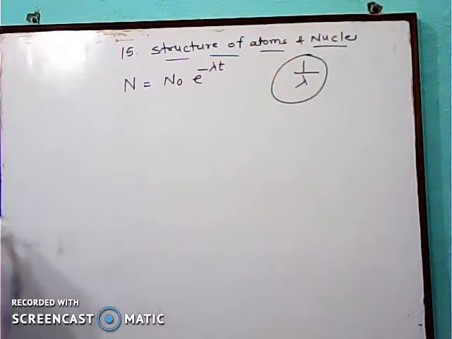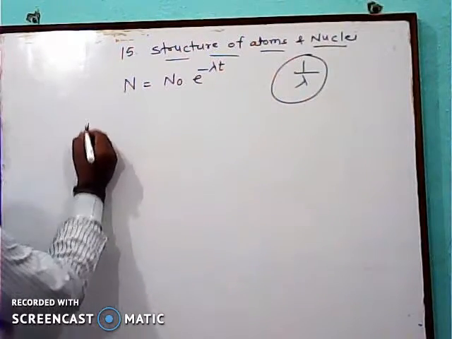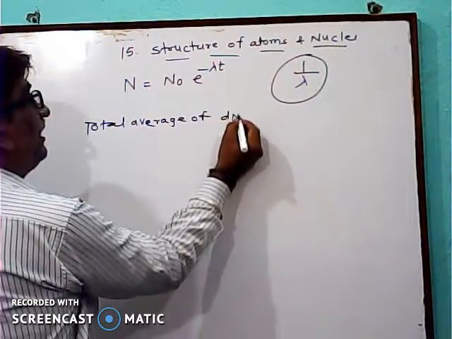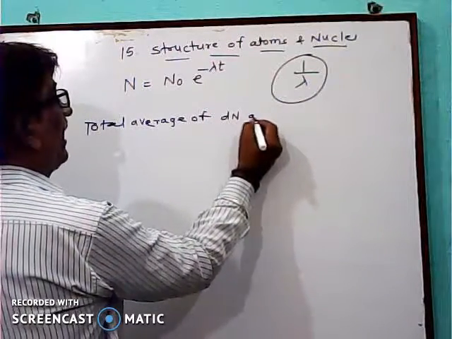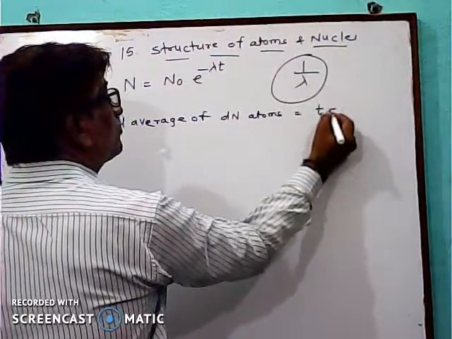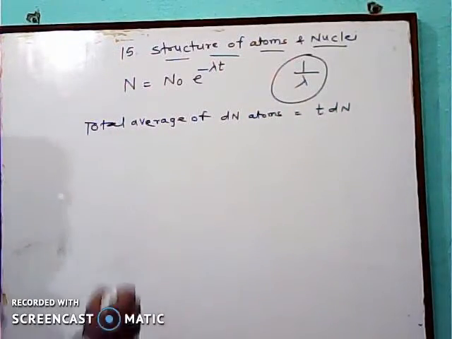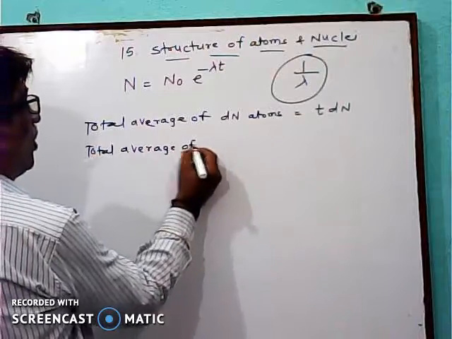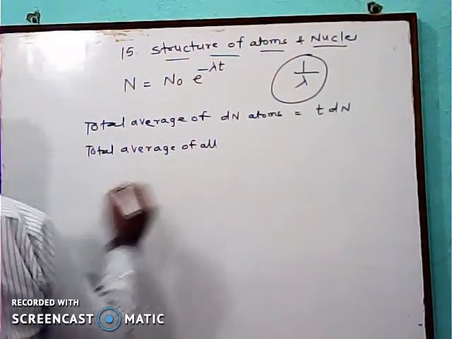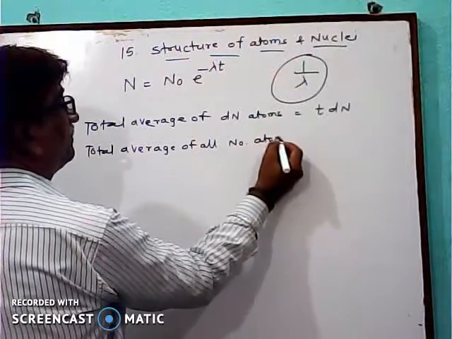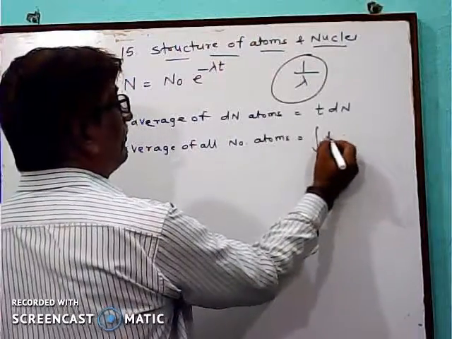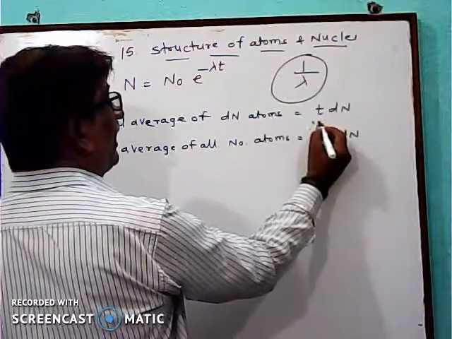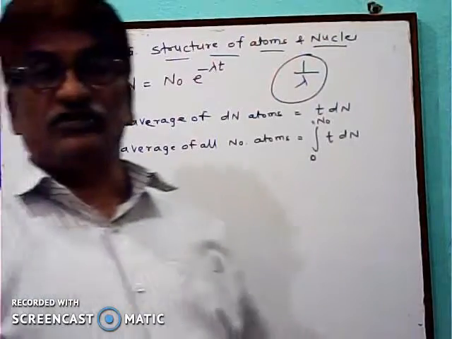Using this relation, the total of dN atoms will be small t into dN, and the total for all the atoms will be the integration of t into dN, where the limit will be 0 to N0.